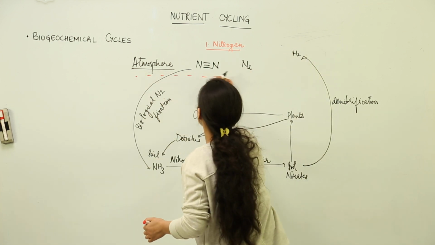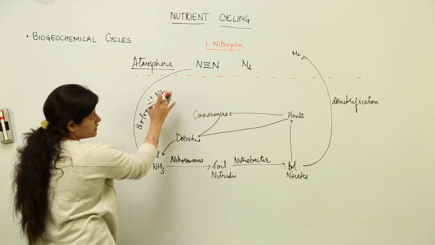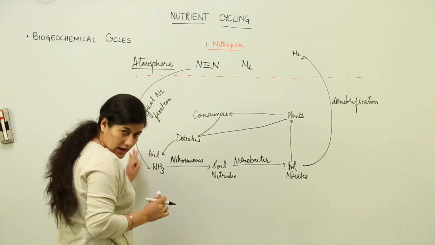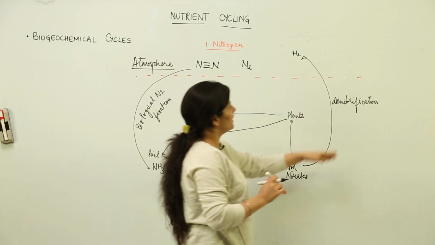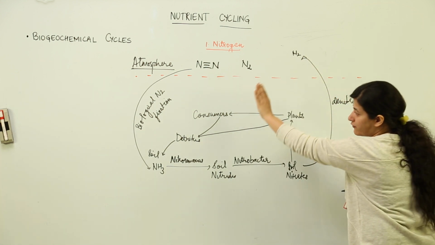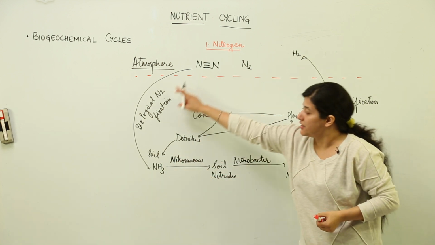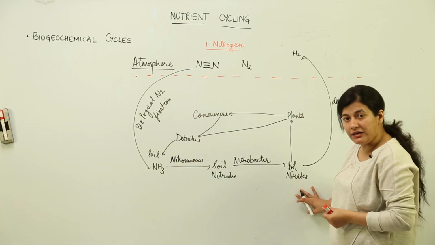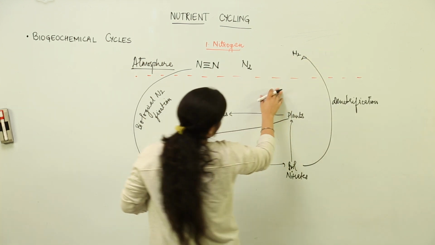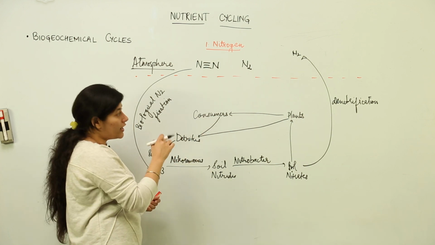Consider this as atmosphere and this as lithosphere. Whatever is taken up from the atmosphere is added back to the atmosphere only. So it follows a path of a cycle. Whatever has entered would get back to the atmosphere. This is the entire process of nitrogen cycling, the biogeochemical cycle of nitrogen.